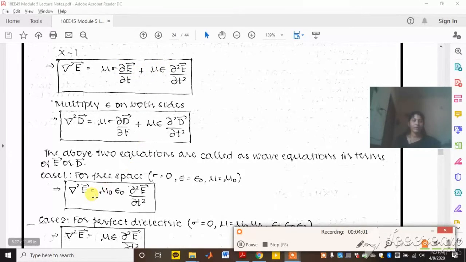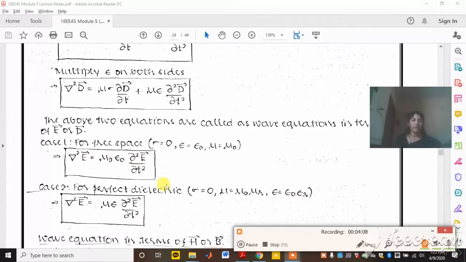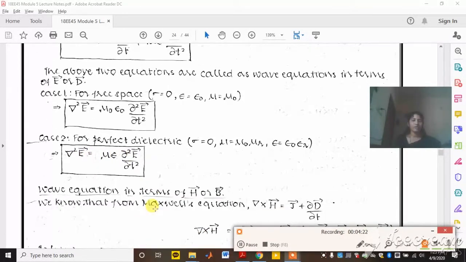When you substitute, you will get del square E is equal to mu naught epsilon naught dou square E divided by dou t square. For a perfect dielectric, conductivity will be equal to 0, whereas mu is equal to mu naught into mu r and epsilon is equal to epsilon naught into epsilon r. Substituting, you will get the wave propagation equation for a perfect dielectric medium.